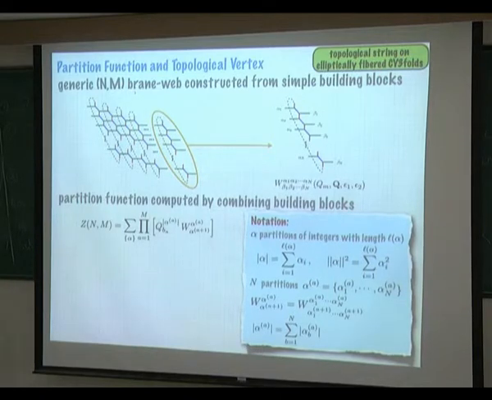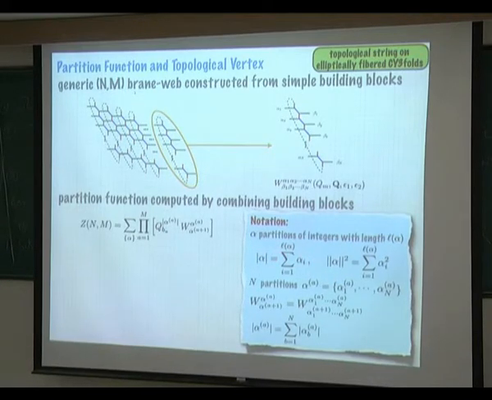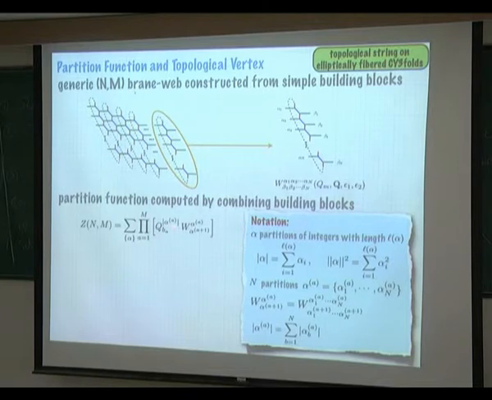The W's themselves, I have also written in a somewhat condensed notation like that. So instead of spelling out all of these indices, I've just written alpha to the A. And the norm up here for each partition: if I have a partition alpha of length l(alpha), then the sum over all elements of this partition is just the norm of alpha which appears here.